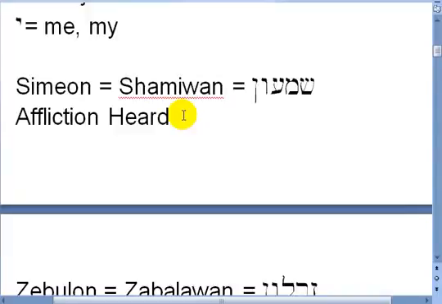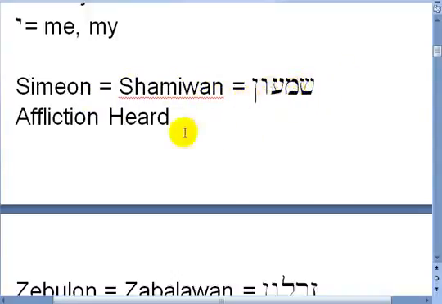Like Gad, for instance. When Gad was born, his mother named him Gad because she saw a troop in the distance, so she named him Gad, a troop, which was symbolic later on for what was going to happen to them by being taken down by the U.S. cavalry.